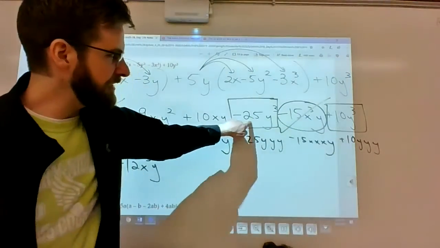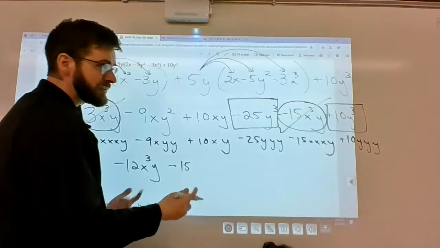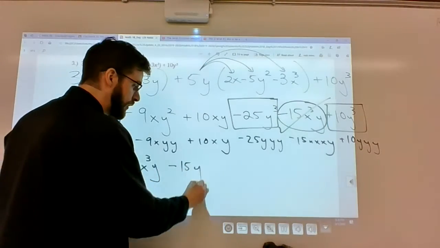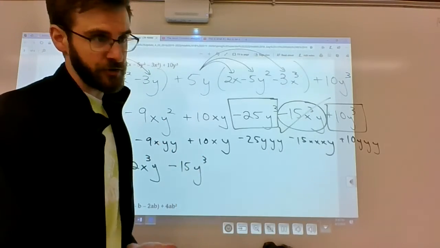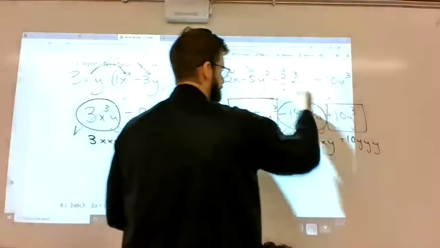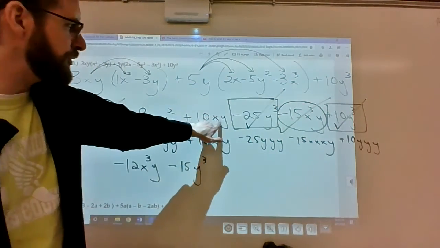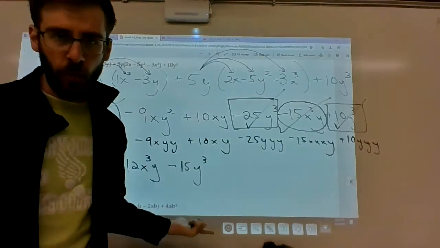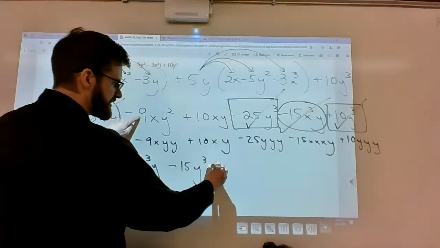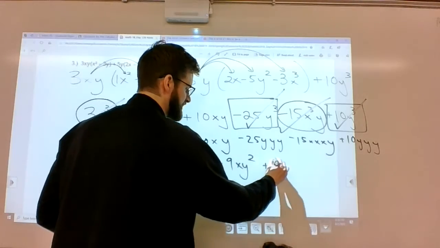So, negative 25 plus 10 is negative 15. Notice that the powers aren't changing at all. It's still y to the third power. It didn't suddenly become like y to the sixth power or just y. We again have a situation where two things won't combine because one's an xyy, the other's just an xy. So you're just going to say that this is negative 9xy squared, and this is plus 10xy.